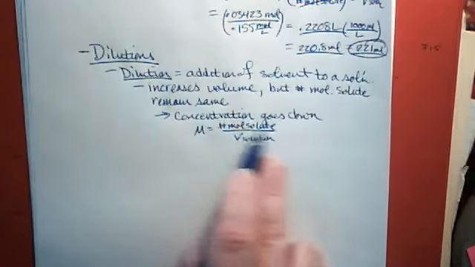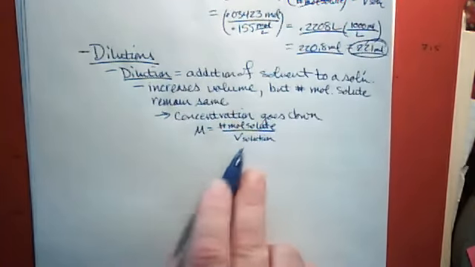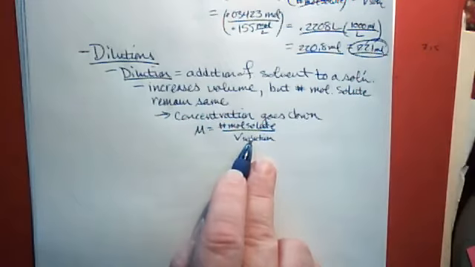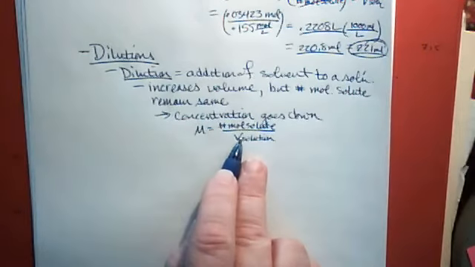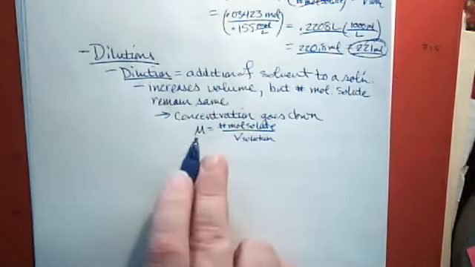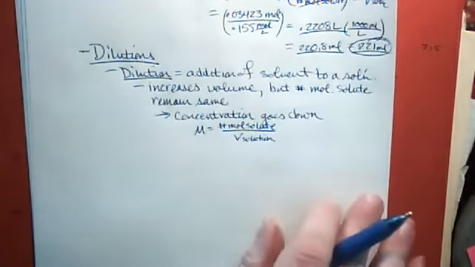So it has no effect on the number of moles of solute, but the solution does contain solvent, so adding solvent increases the volume of solution. The number on the bottom of the fraction is getting bigger, and dividing by a bigger number gives you a smaller result. So dilution reduces molarity.